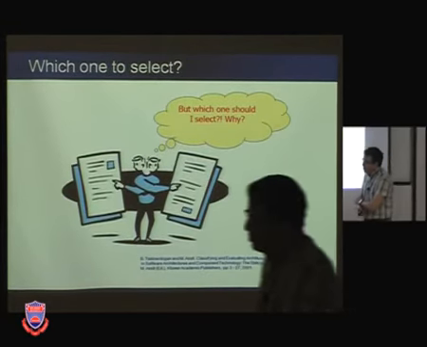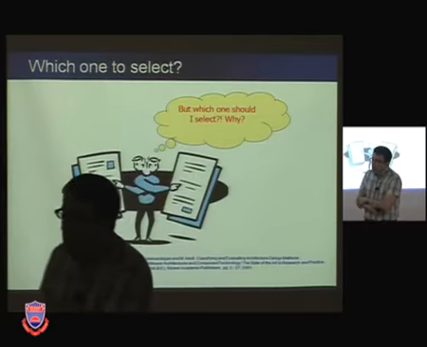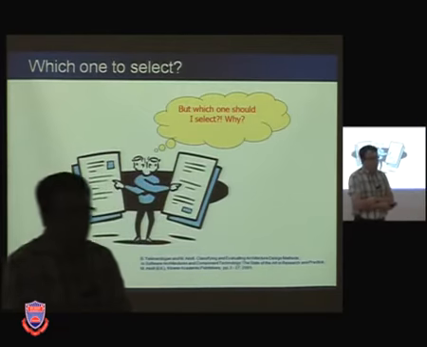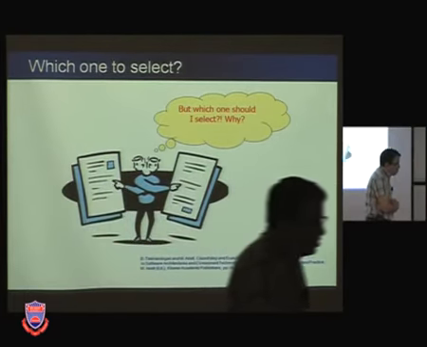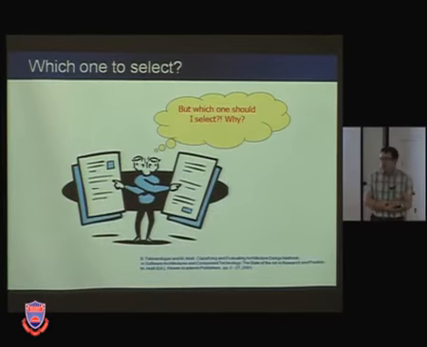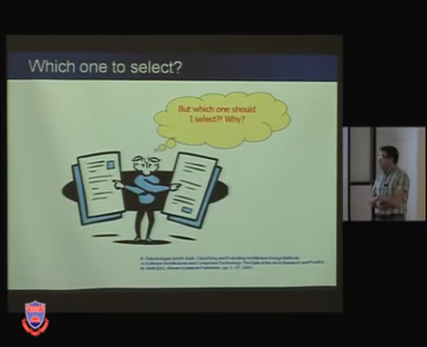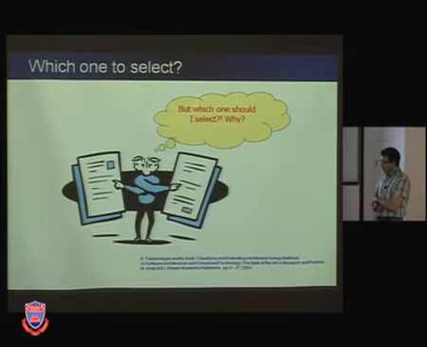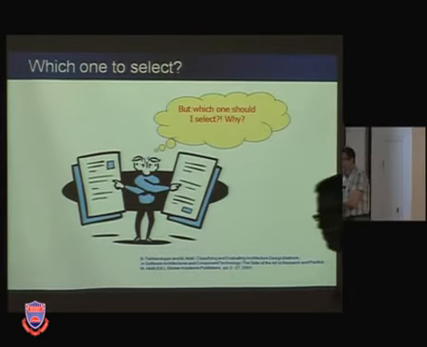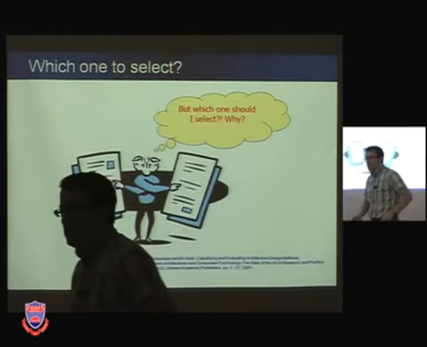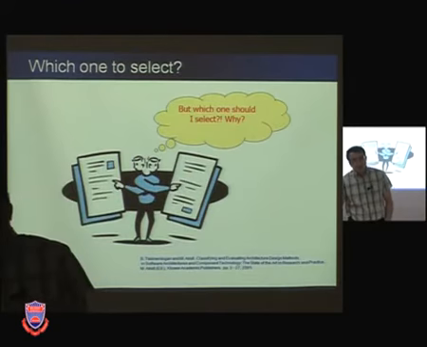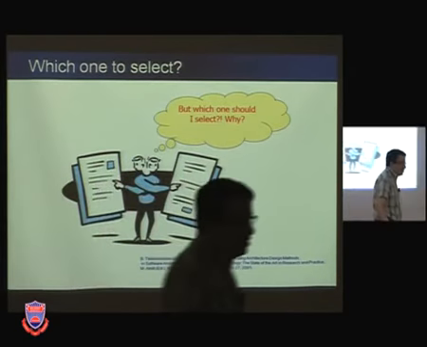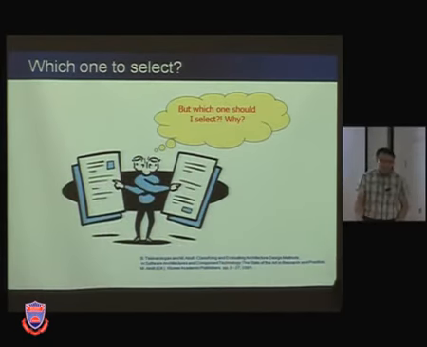So there are some methods which are still different in the way they approach designing software architecture. The problem here is which one should we select? We could of course design our own method, which we actually did, but we could also look at existing methods.